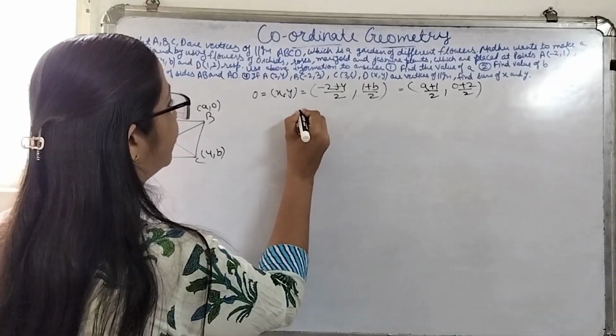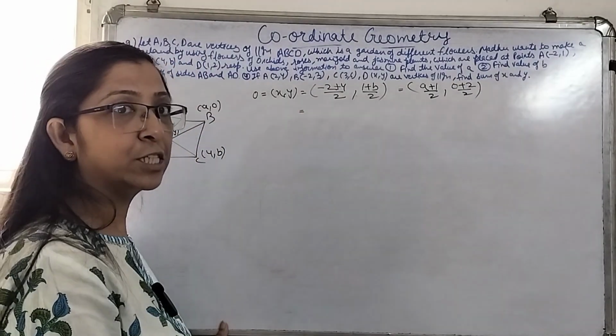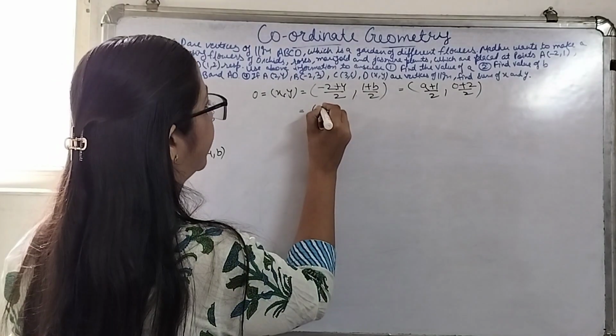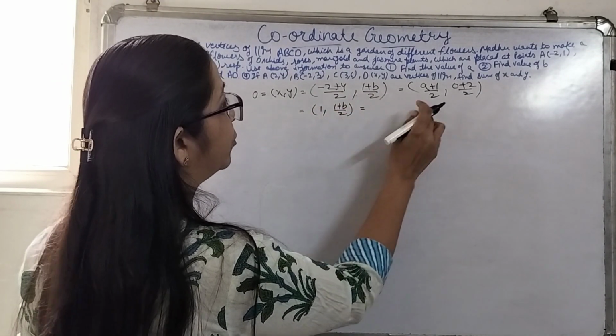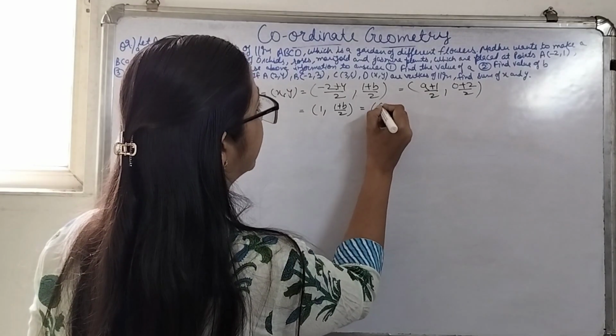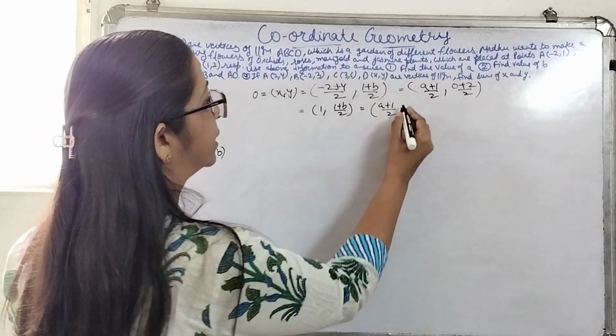If we solve it further, minus 2 plus 4 will be plus 2 by 2, that is 1, and it is (1 plus b) by 2. It is equivalent to (a plus 1) by 2 and (0 plus 2), that is 2 by 2, that is 1.